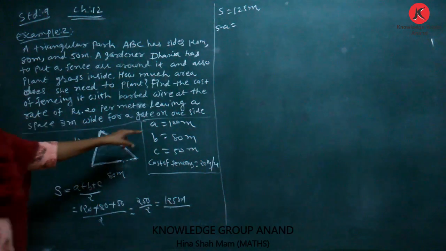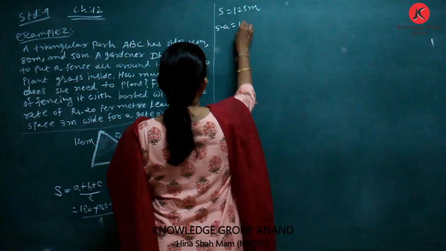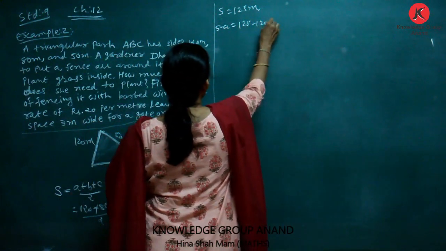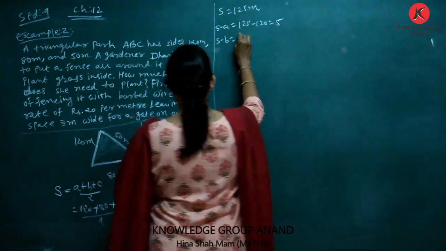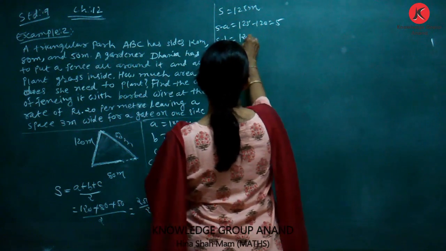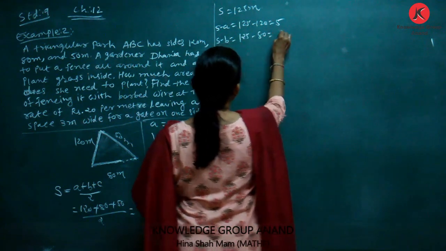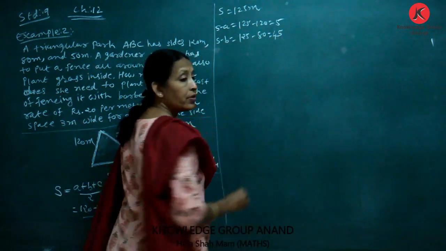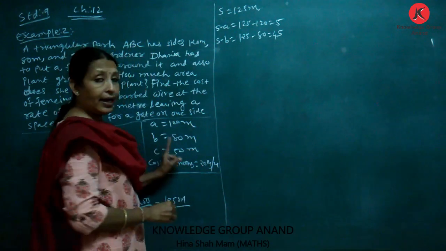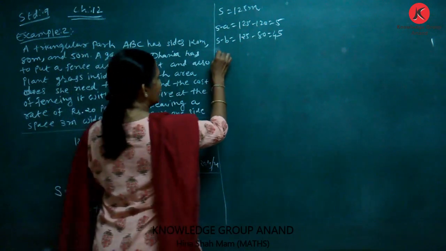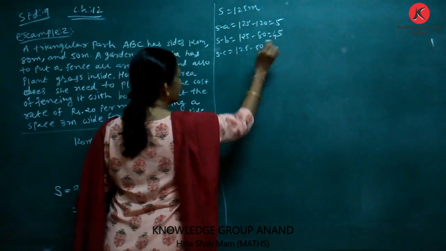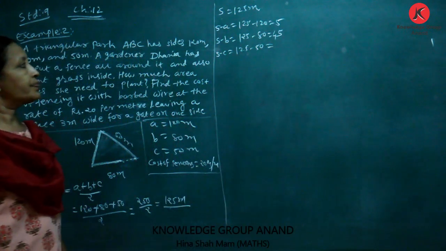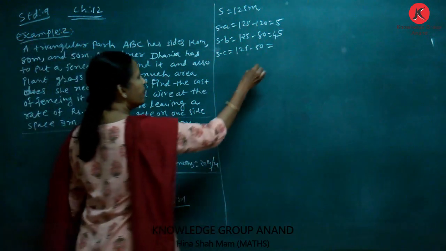Now S minus A is equal to 125 minus 120, which is 5. S minus B is equal to 125 minus 80, which is 45, and S minus C is equal to 125 minus 50, which is 75.